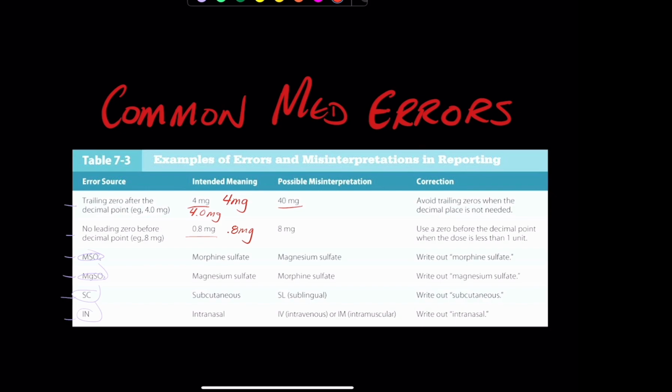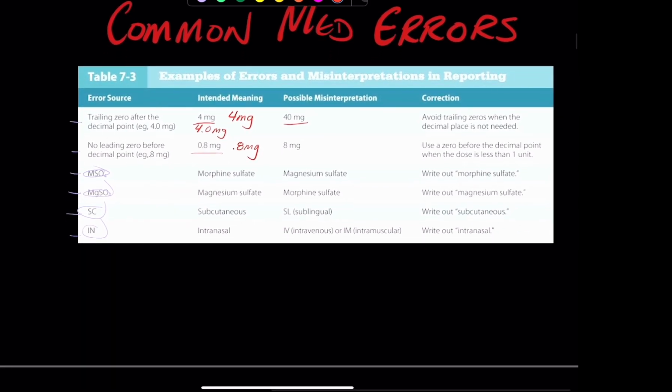Some of the other big ones, I'm trying to think, like diamond hydronate.